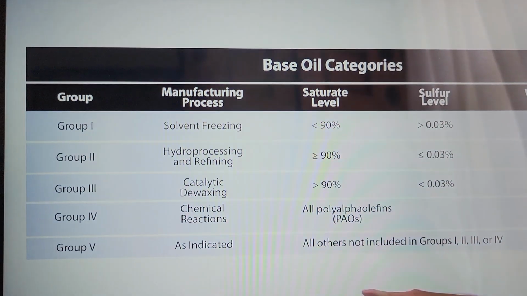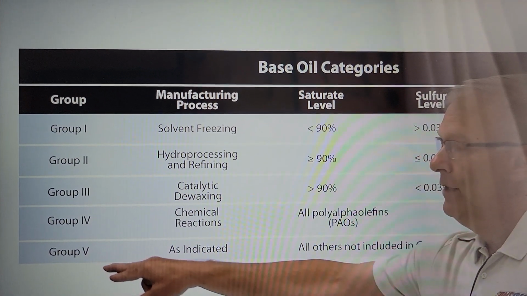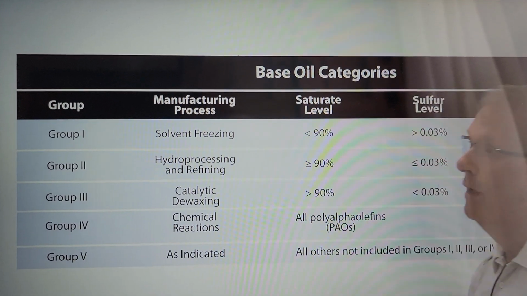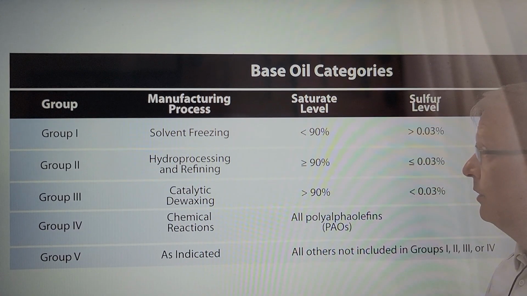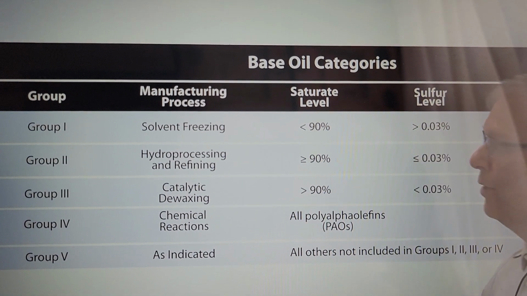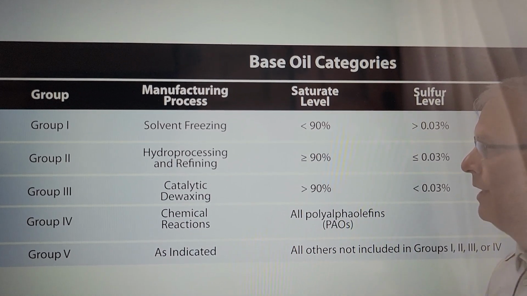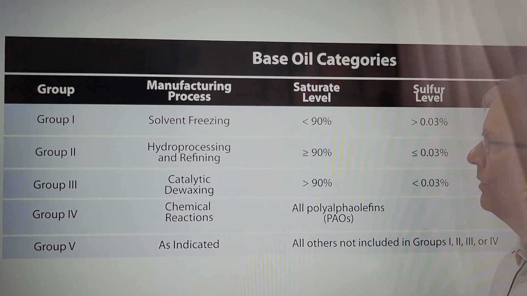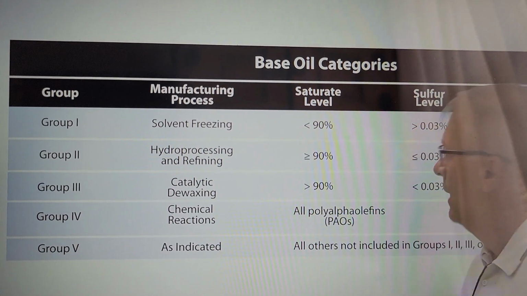And then the last one is group 5, and these are all defined as synthetic. So group 5 is a group of synthetic base oil molecules that can range from silicones to esters to fire retardant base oils, and a number of base oils you use for very special applications.